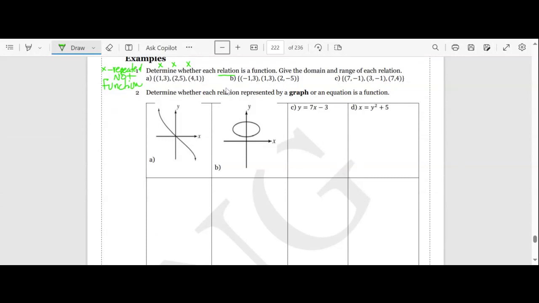No. Then this is a function. If it's not repeated, then it's a function. Is this clear? Here, is the first component repeated? Yes. Then it's not a function.